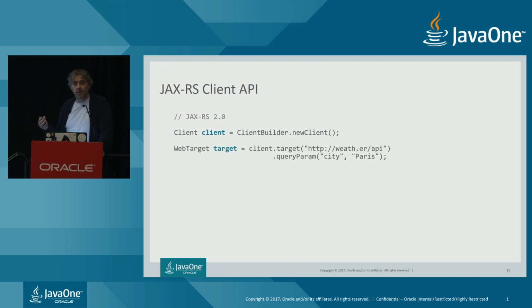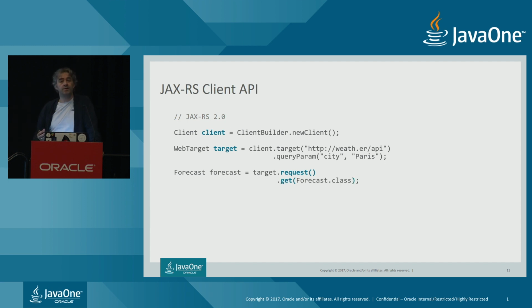Once I have my client container, I need to construct a web target. A web target is basically a glorified URL. It's where on the network my remote REST endpoint is. Once I have my web target, I need to construct, based on my target, my request. That's the request that I would like my client-side container to issue.